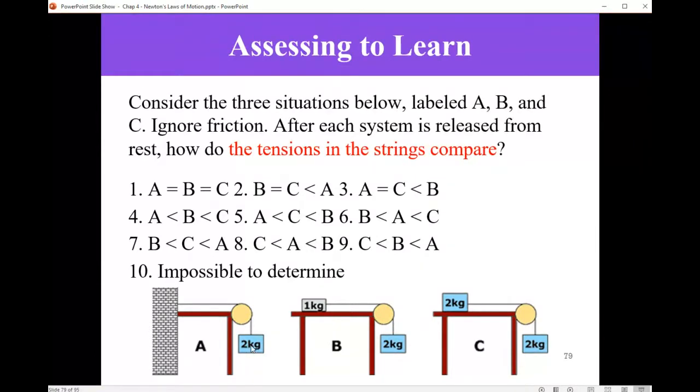So this is like 20 newtons. For this one, you have 20 newtons here minus 10 newtons there. It would be 10 newtons downward. For this one, 20 newtons minus 20 newtons is 0, right? So it would be BCA.